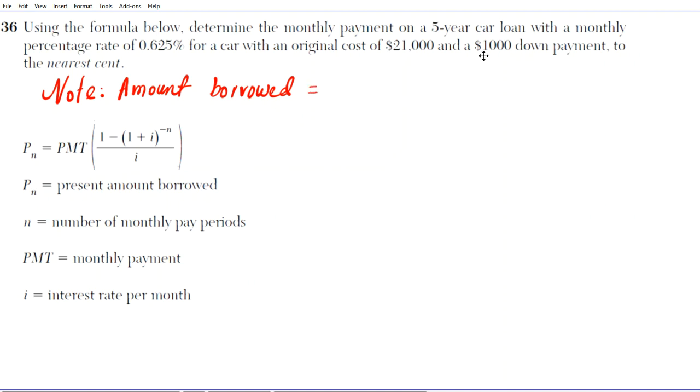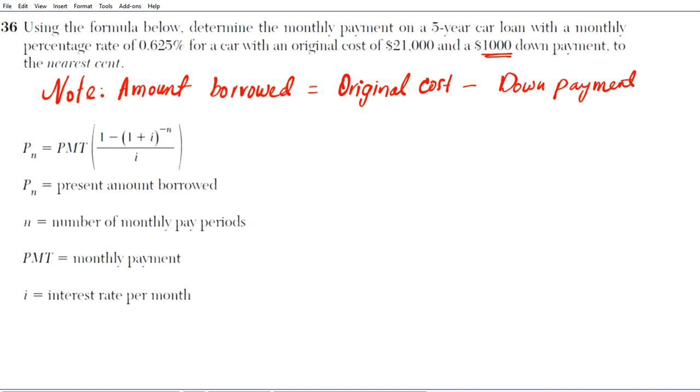If you have a down payment, as is the case here, the amount borrowed is going to be the original cost minus the down payment. Alright, so let's go ahead and solve this problem.